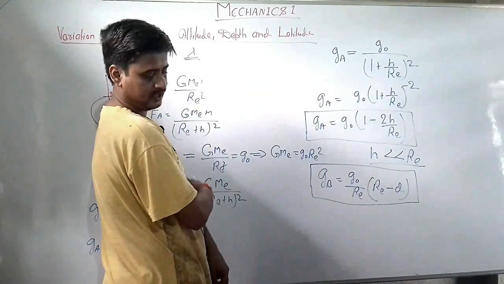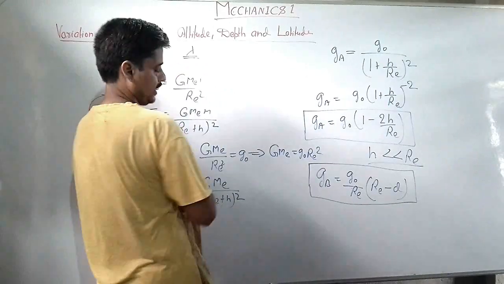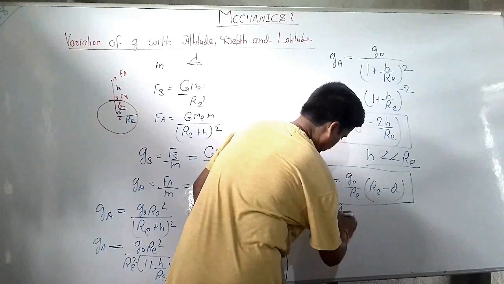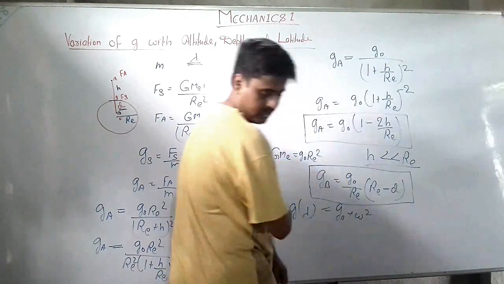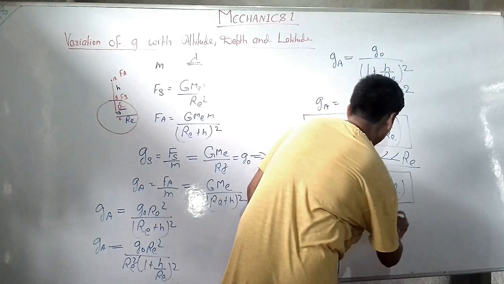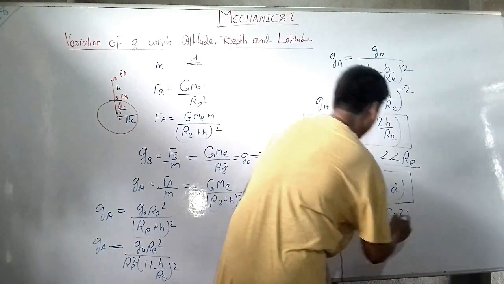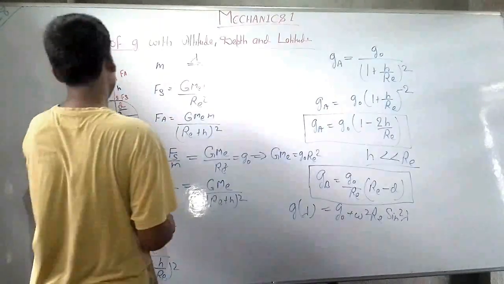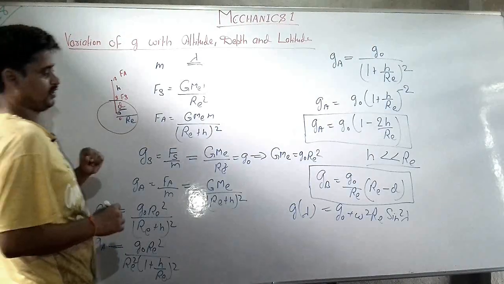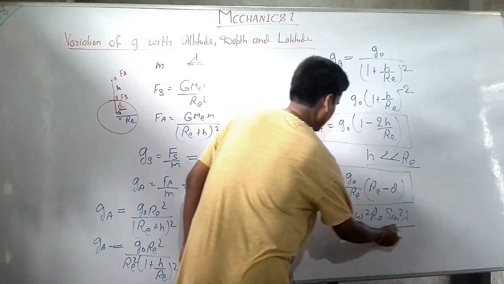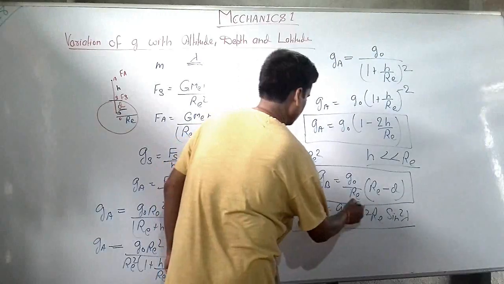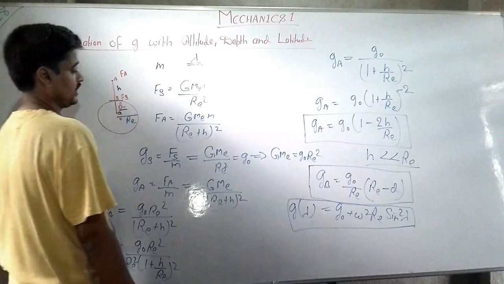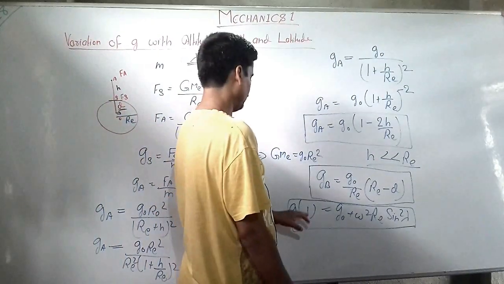And for the latitude lambda, we will get g lambda is simply g naught plus omega square R_e square sine square lambda. Here omega is the angular speed of the Earth, or rotational speed of the Earth. This is the gravitational acceleration at latitude lambda.